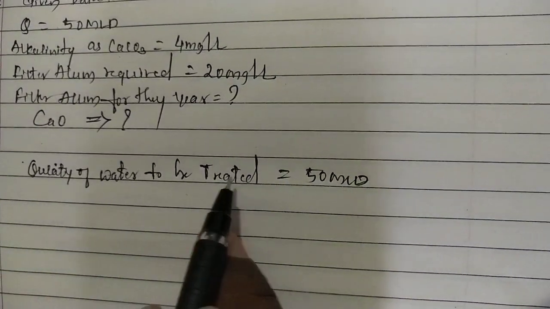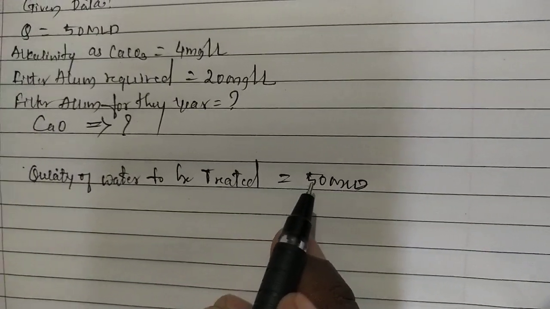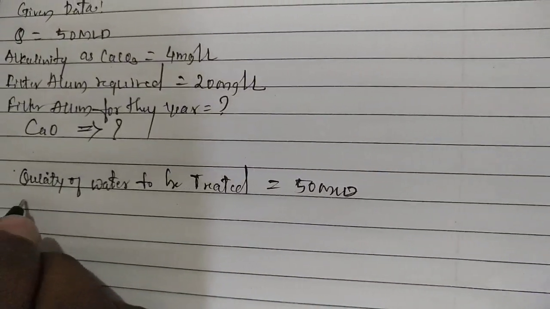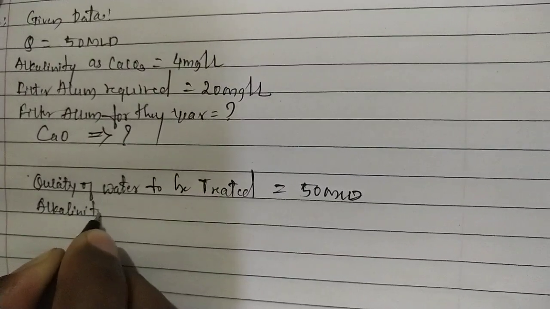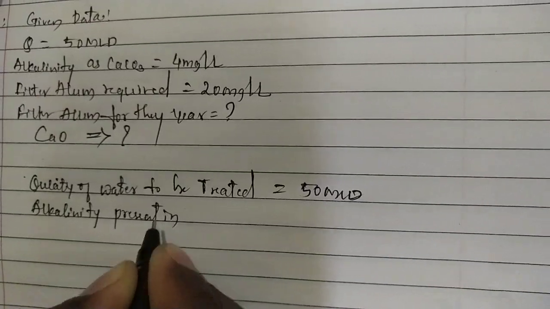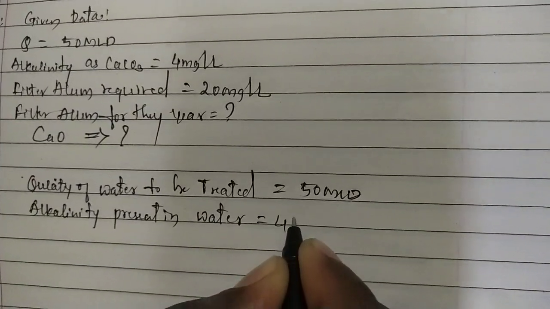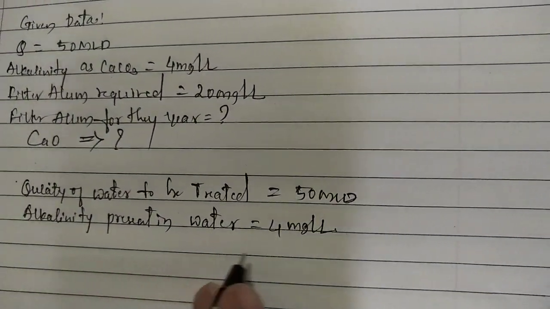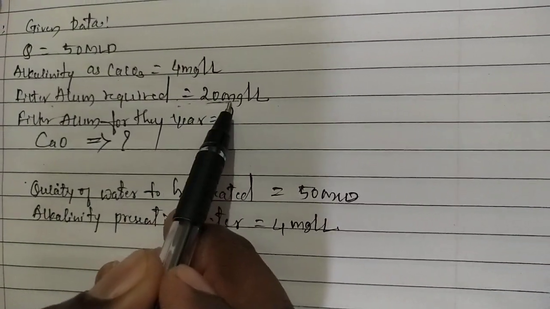Next, find out the natural alkalinity present in the water, that is 4 mg per liter. Next, the alum required is 20 mg per liter. As we know, the filter alum required is 20 mg per liter.